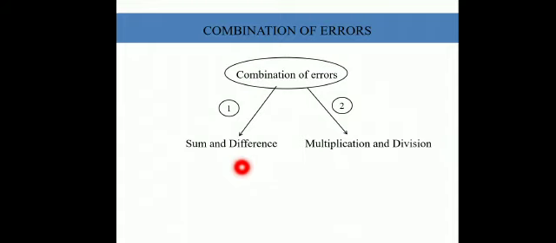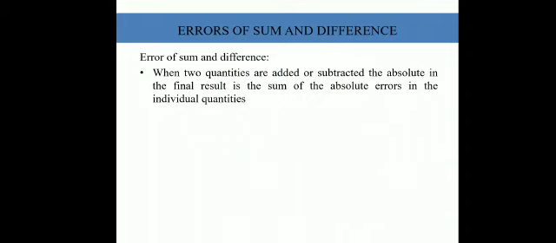Fine. So now first we will see the error of sum and difference. When two separate quantities are added or subtracted, and these quantities already have error in their measurement, then the error in the final answer, which is nothing but the absolute error in the final result, is the sum of the absolute errors in the individual quantities.